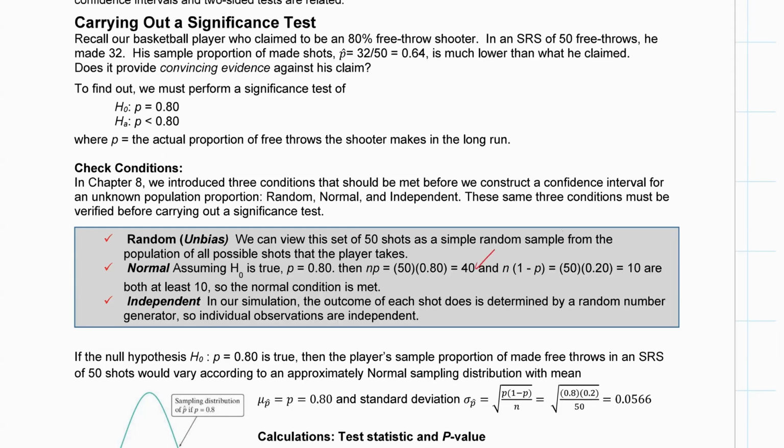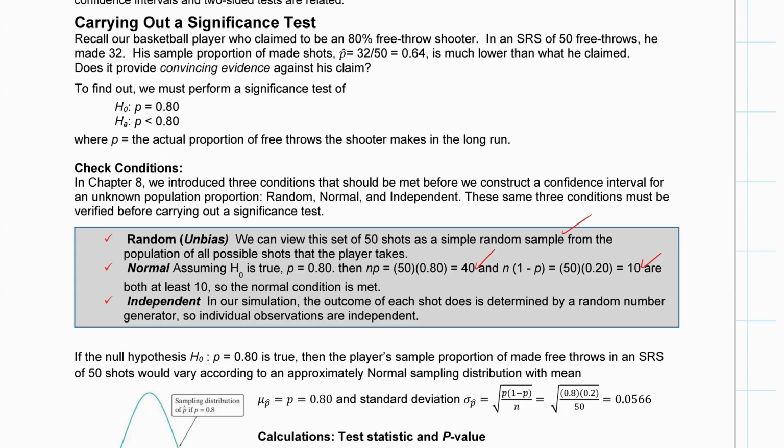We said that we had a simple random sample, so we check mark that as well. And then the expected number of failures, 50 times 20%, which is 10, and 10 is also greater than or equal to 10. Our last check is a check of independence. Do we think that the observations are independent?